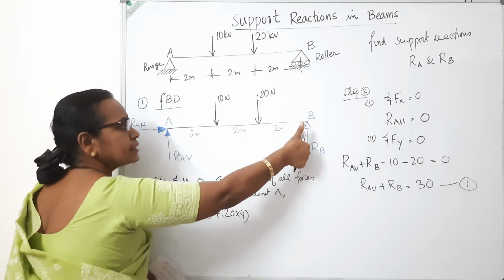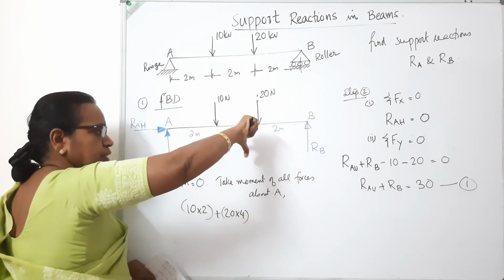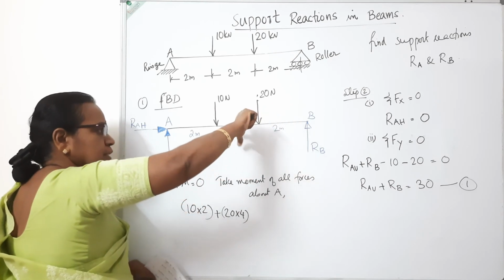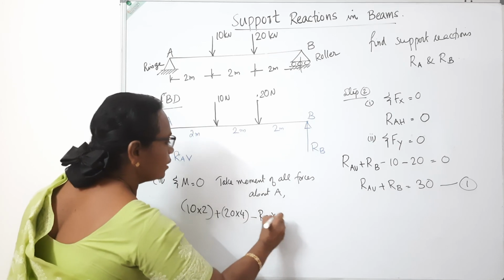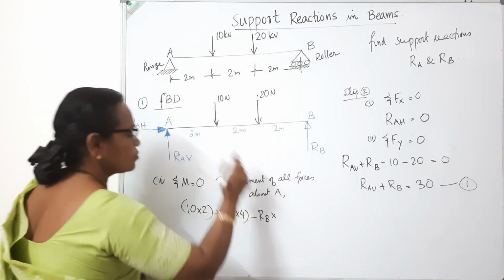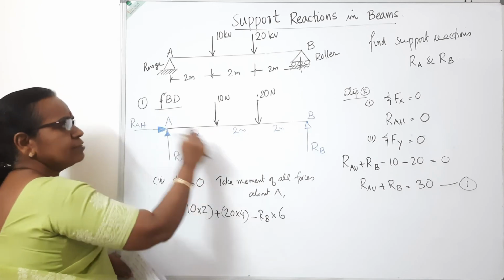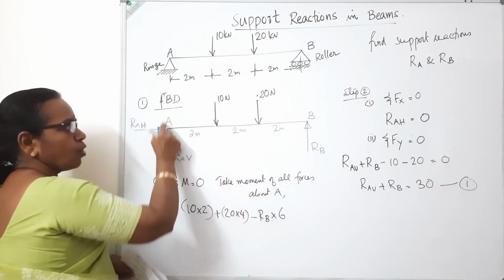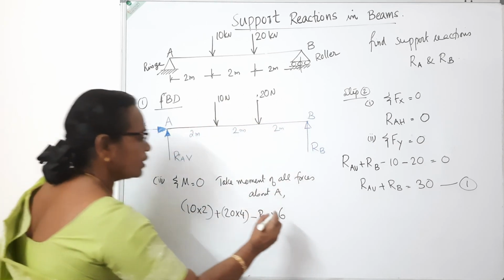RB is acting upwards, so with respect to point A it will rotate in anti-clockwise direction. So minus RB into 2 plus 2, 4, plus 2, 6. So repeat once again: 10 into 2 clockwise, 20 into 4 clockwise, and RB into 6 anti-clockwise.